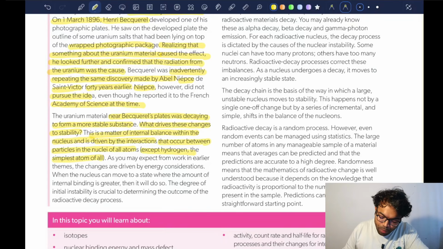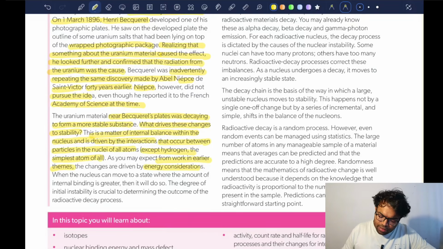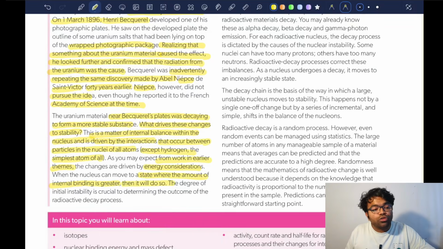As you may expect from work in earlier themes, the changes are driven by energy consideration. Everything is related to energy, every single thing. When the nucleus can move to a state where the amount of internal binding is greater, then it will do so.